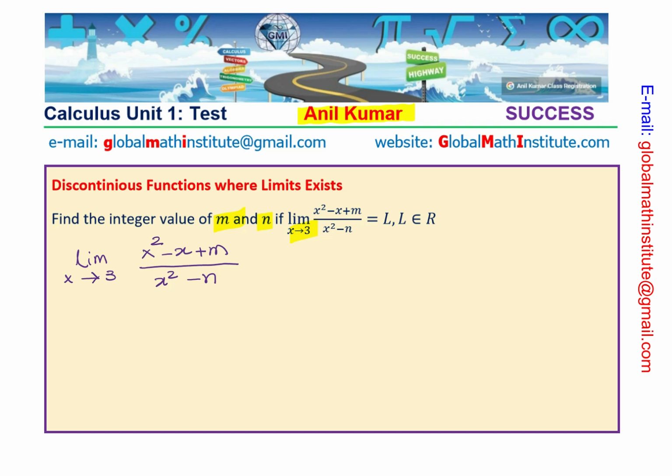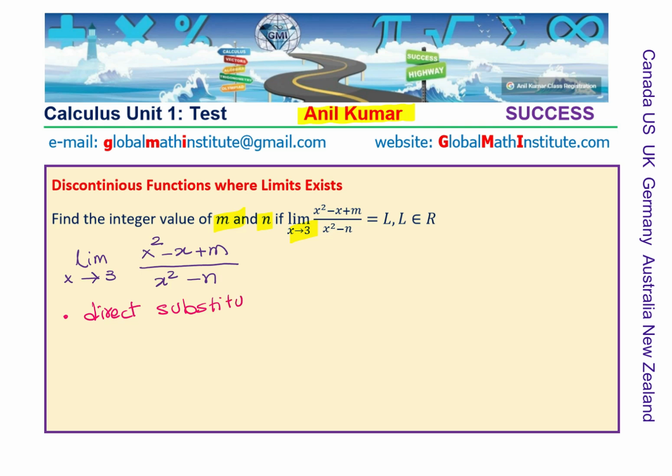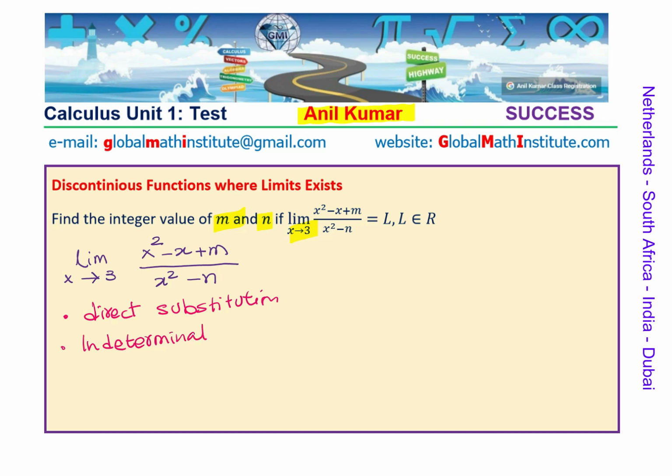And when you do direct substitution and get an indeterminate form, then also you can find the limit, right? So basically, there are two cases for this. Case one is direct substitution. Now, this is what students forget. And second is that you have an indeterminate form. Let's call this case 1 and this case 2.